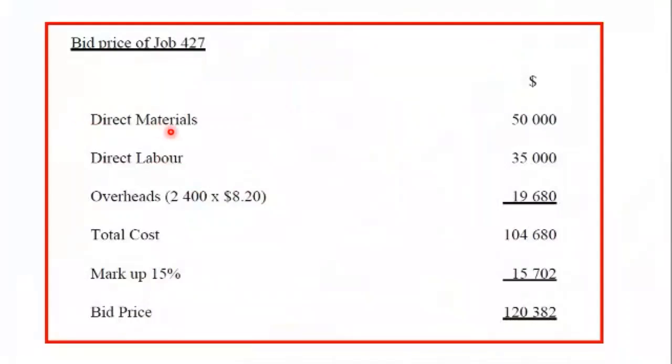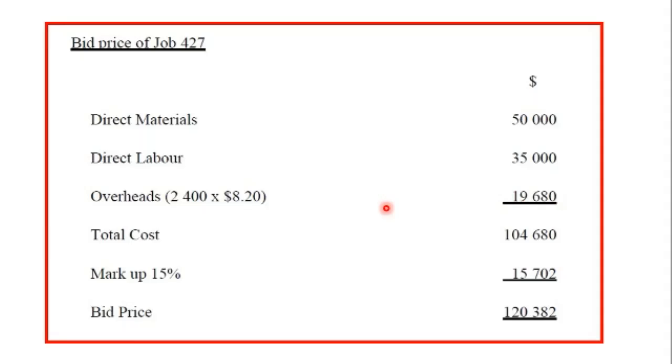The direct materials is given as 50,000. Direct labor 35,000, and the overheads for the job using job costing would be 2,400 times the 8.20 we just calculated, giving you a total of 19,680.